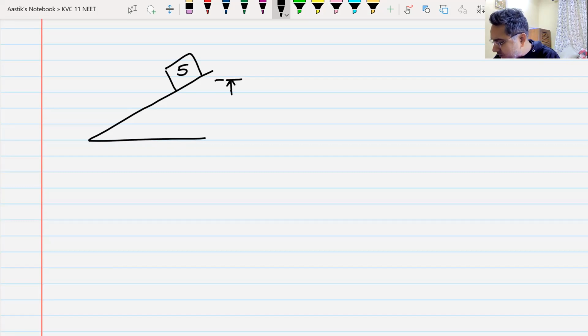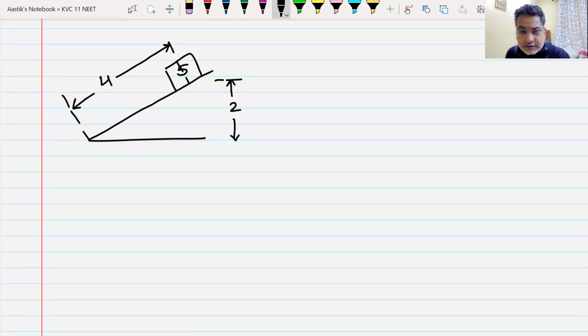The height of the body is 2 meters, and this distance is, let us say, 4 meters. If I keep the body like this, in which direction will the body move? There is no friction. I keep the body on a frictionless surface. Will the body move or will the body not move?